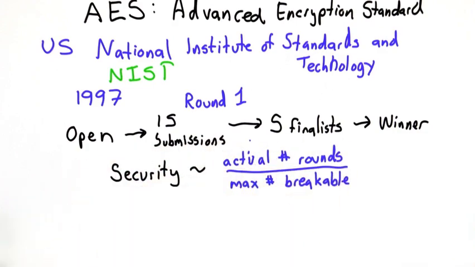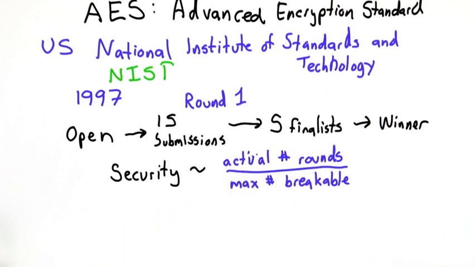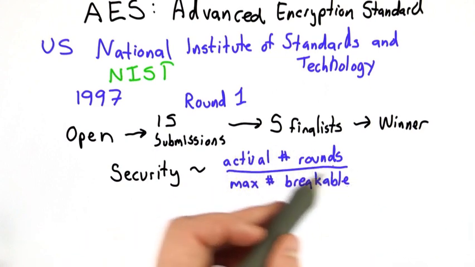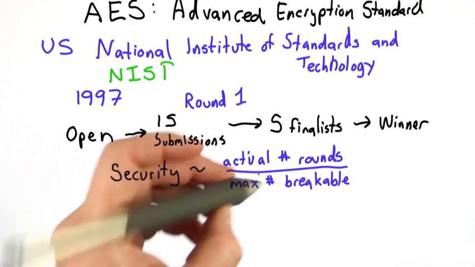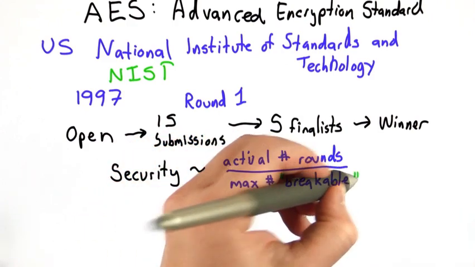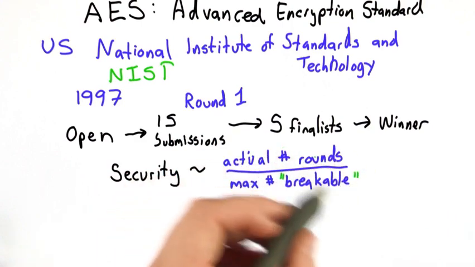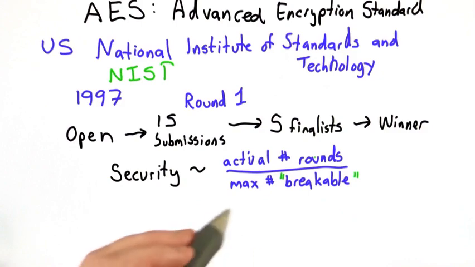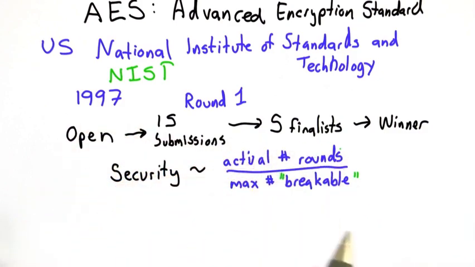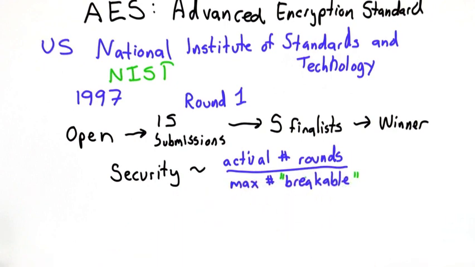And the main metric for measuring security was looking at the actual number of rounds in the cipher and dividing it by the minimum number of rounds that were breakable in some sense. And breakable here is very much the academic definition of breakable. You didn't need to be able to extract a message or a key. Anything that showed you could reduce the search space even a little bit would be enough to show that it was breakable for that number of rounds.